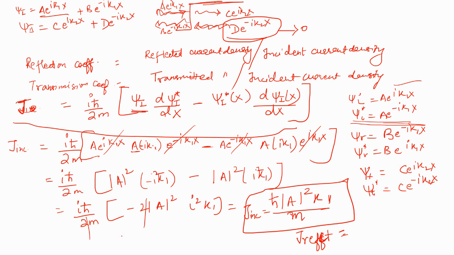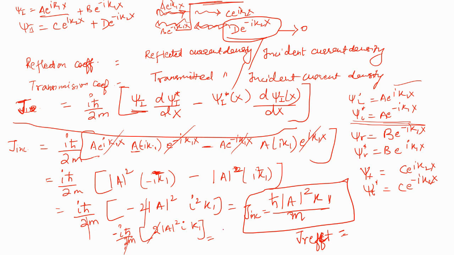Okay, I'll solve. So this is iota h cross upon 2m, and from inside we have 2. This minus minus will come outside. A square, sorry, this is not iota square, this is k1. Then this 2 will cancel each other.